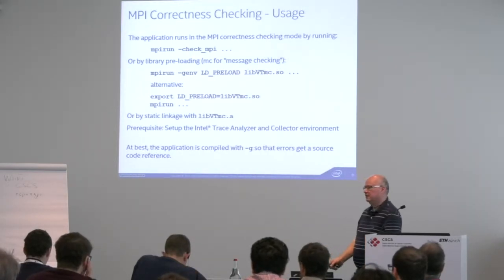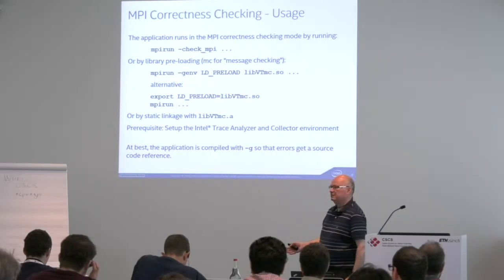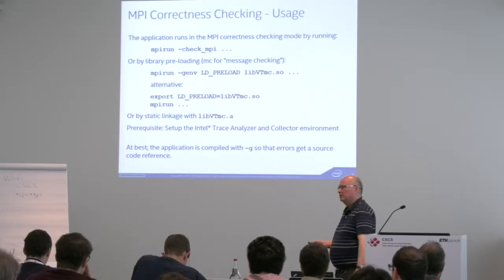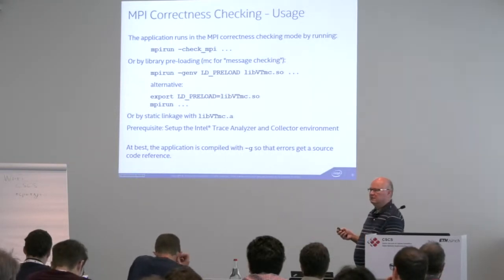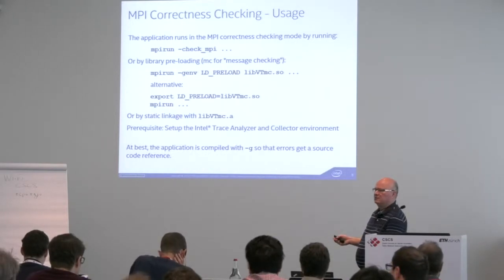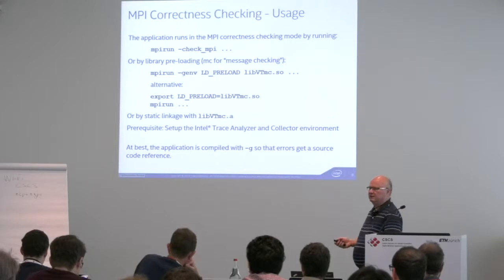Just a side information, yesterday I tried to use the Advisor here and it works. But you have to use the shared, dynamic linking of Cray, and you have to use another file system, not the home file system but the scratch file system, because somehow it's not working with the Cray file system.